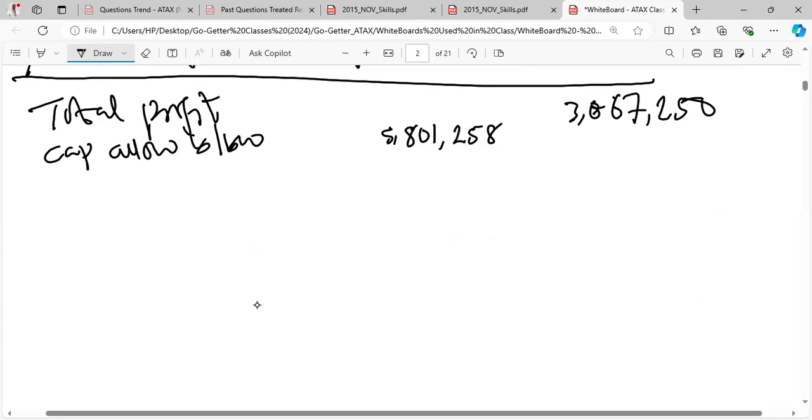Then capital allowance claimable is going to be not more than your assessable profit, or your total profit rather, 250.